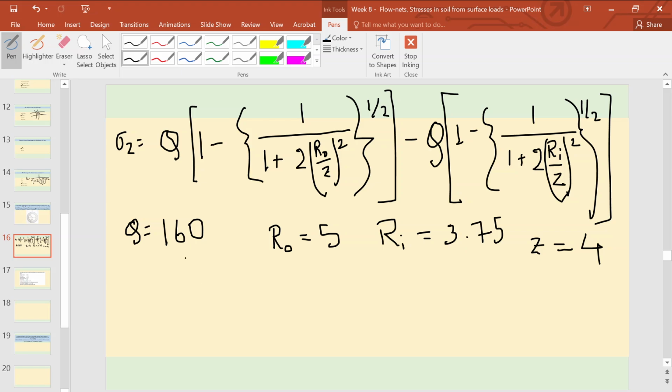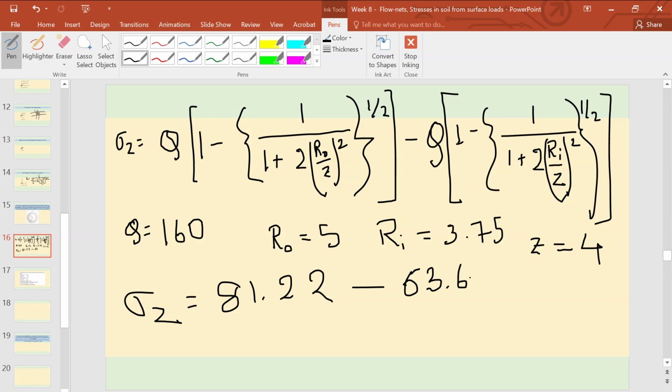The first part, the outer load, will be approximately equal to something around 81.22, and the inner load will be approximately equal to something around 63.65. You subtract this, you will get something around 17.57.